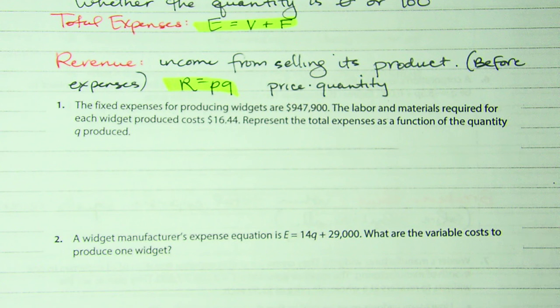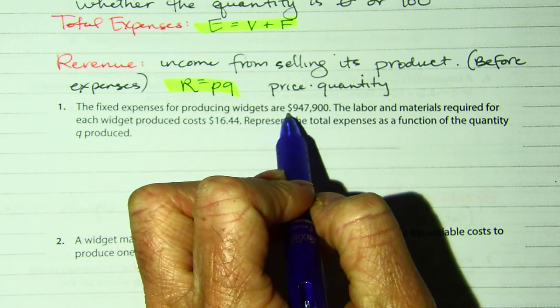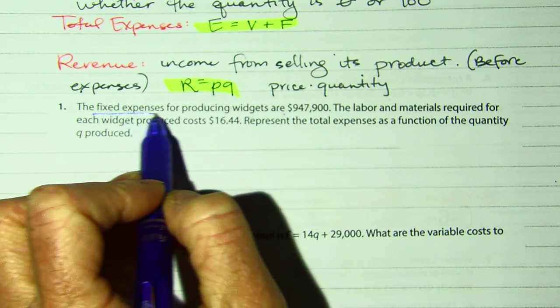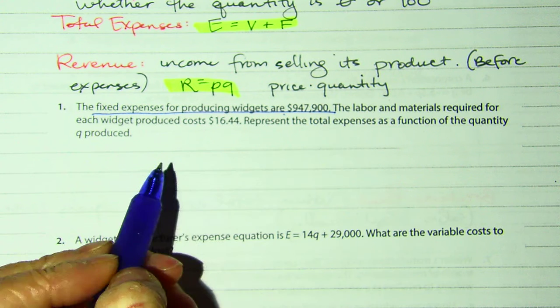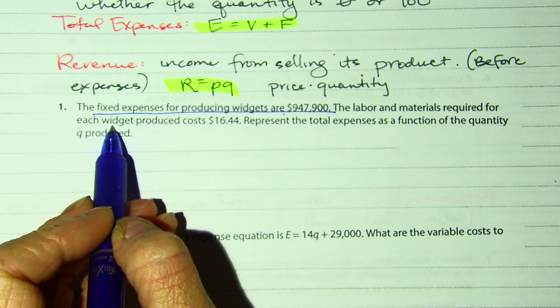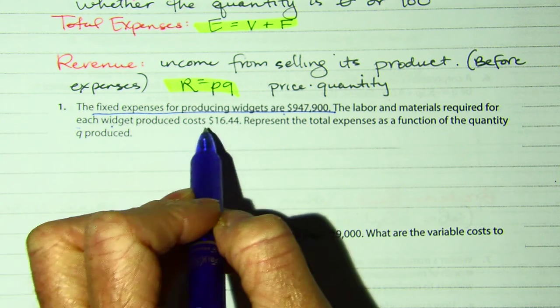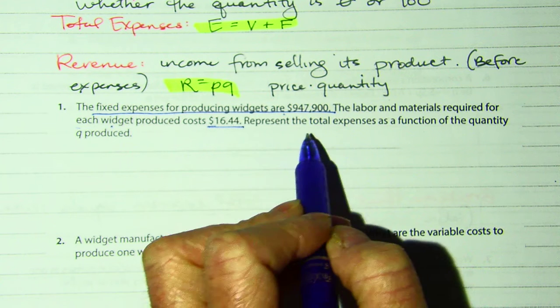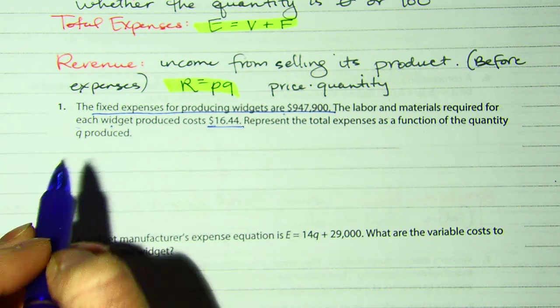Number 1, the fixed expenses. I'm going to grab my pen. Here is our fixed expenses. This amount is not changing. The labor and materials for each widget, remember widget is like a generic product, costs $16.44. Represent the total expenses as a function.